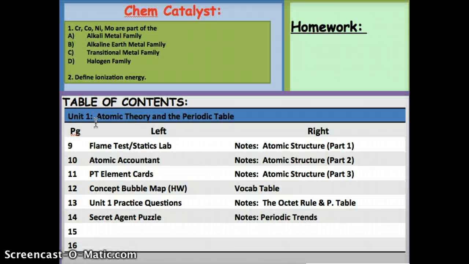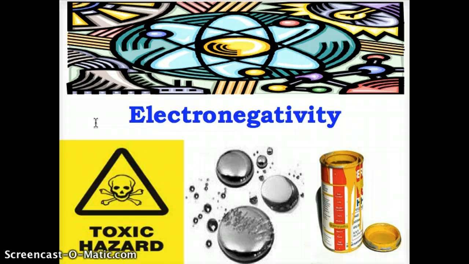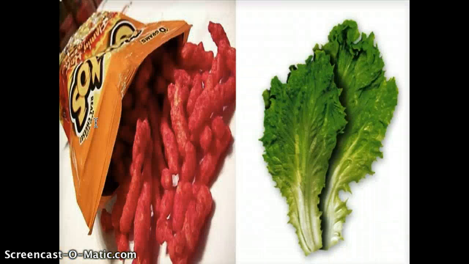The last thing I want to talk about is electronegativity. Electronegativity is the amount of attractiveness that the atom has towards the electrons. So the more you're attracted to something, the higher the electronegativity.